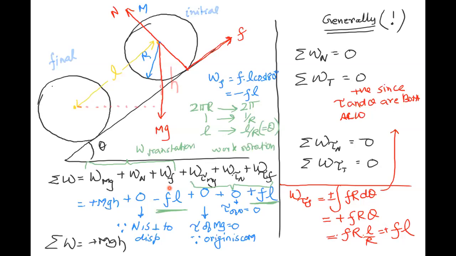If the object is slipping, then this relation will not be followed. Then 2 pi r displacement will not correspond to a rotation of 2 pi if there is slipping, and therefore this will not happen, and therefore they will not cancel out.